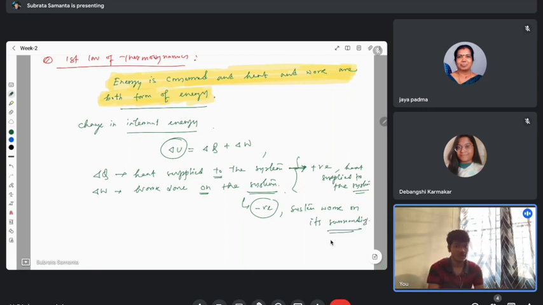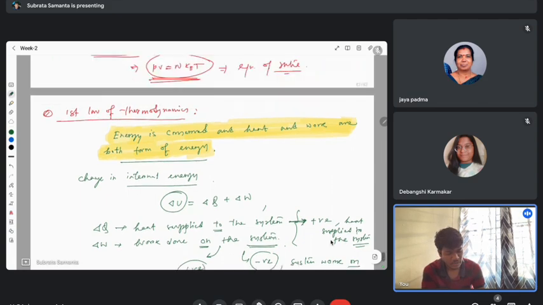You go into different books or different literature, and you may find the reverse convention. So the convention must be clear: negative means that the system does work on its surroundings, and positive means that work is done on the system.